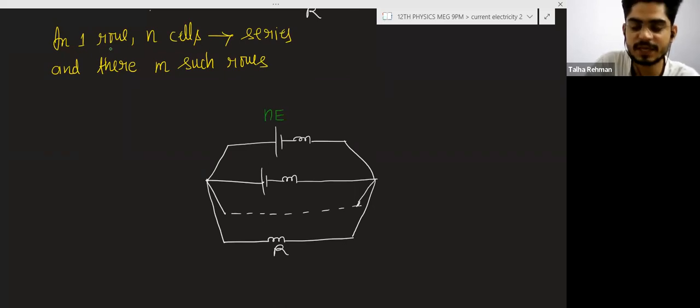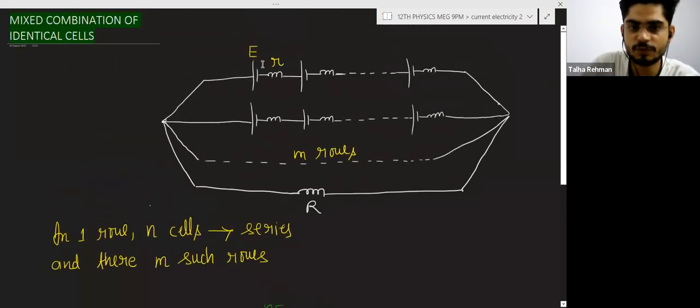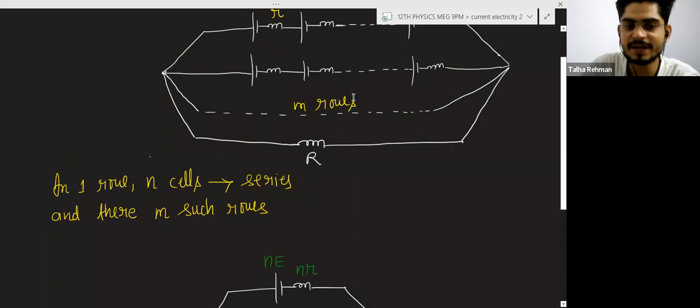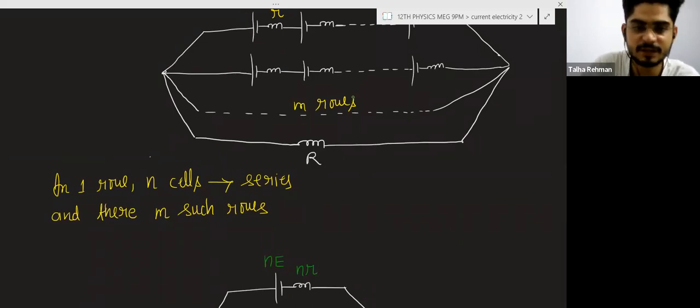Same is the case with internal resistance: you will add R plus R, n times. Here you will add E plus E plus E, n times. And all rows are identical.